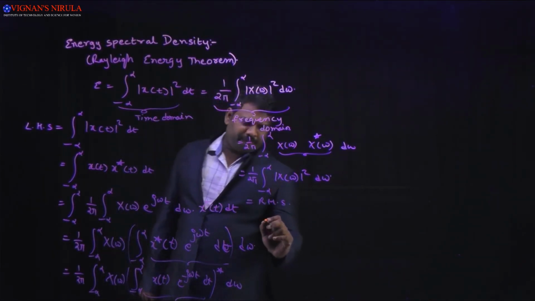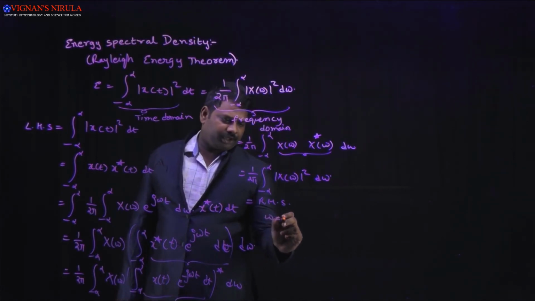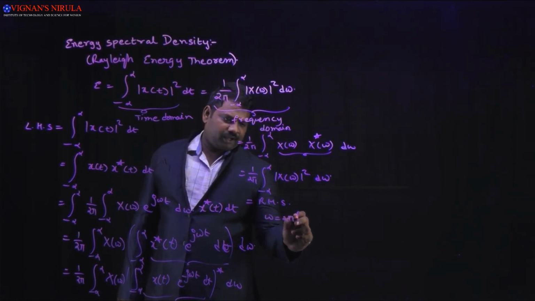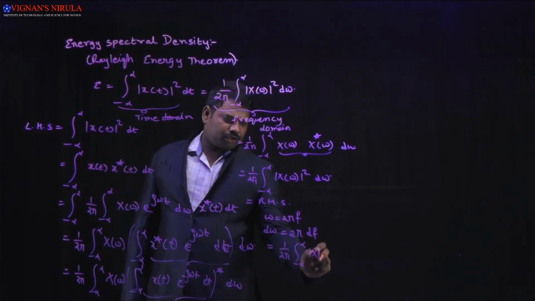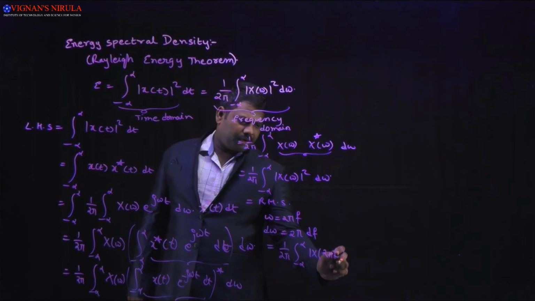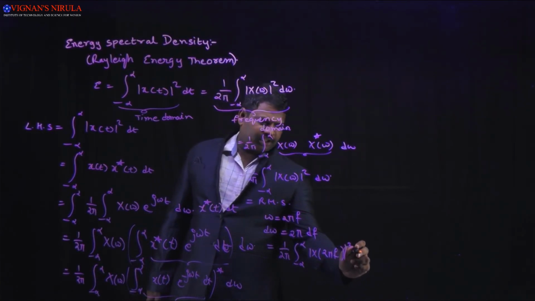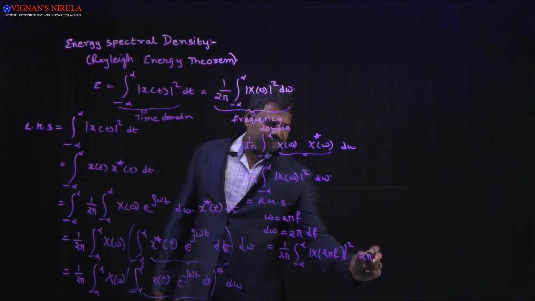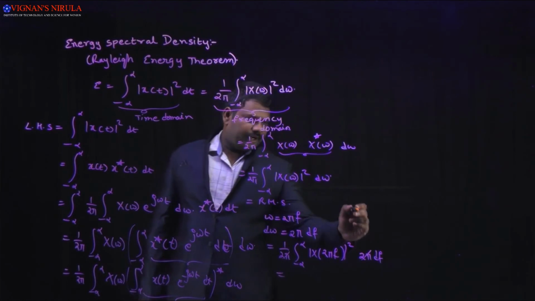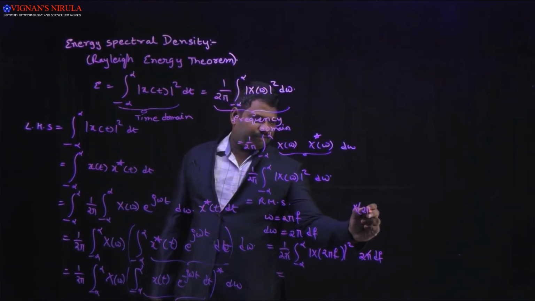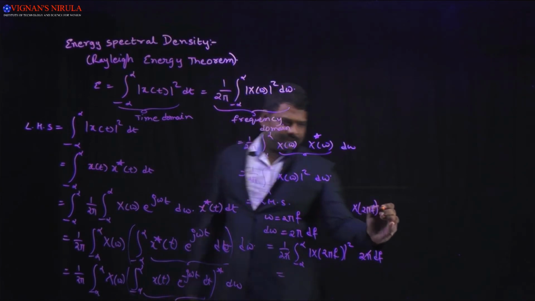And this in turn can be defined in another form by taking omega is equal to 2 pi f. Therefore, d omega is equal to 2 pi into df. When we substitute that, 1 by 2 pi from minus infinity to infinity, mod of X of 2 pi f whole square, then d omega is 2 pi into df. This 2 pi gets cancelled, and X of 2 pi f can be represented as X of f.